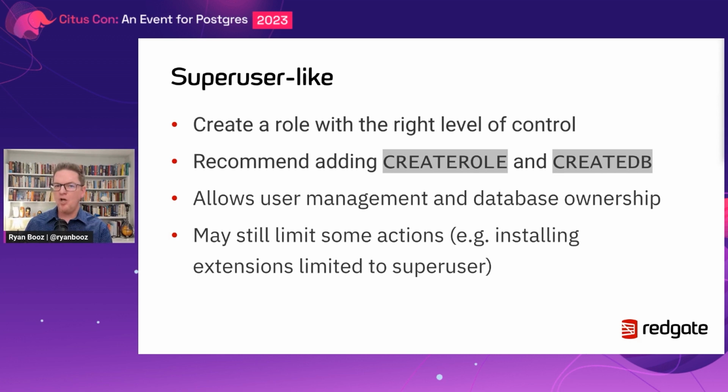Again, databases need to be owned, they need to be managed. And so someone that can manage roles and databases is advantageous. The only limitation may be that if you don't have a super user, there are some things that might not work, like maybe installing some extensions that require super user privilege. Understand that as you move ahead with management.